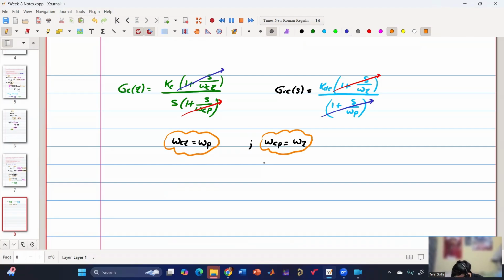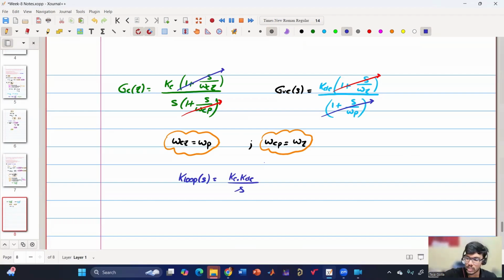So now what is K loop of S? KC into KDC by S. KDC by C. Very good.